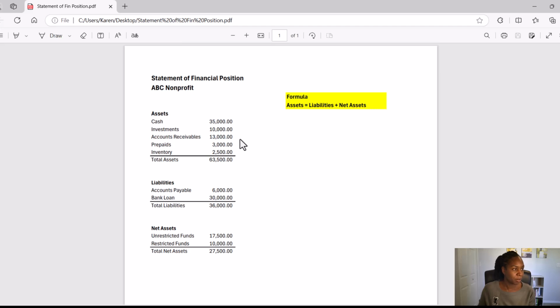Accounts receivable. In your accounting software, you should be able to run an accounts receivable report. That report will list out for you everyone who owes you money by amount. And when you run that report, the total on the report should tie to the number on your statement of financial position.